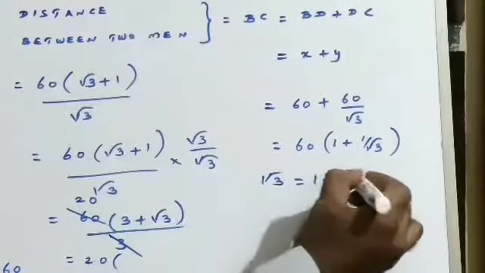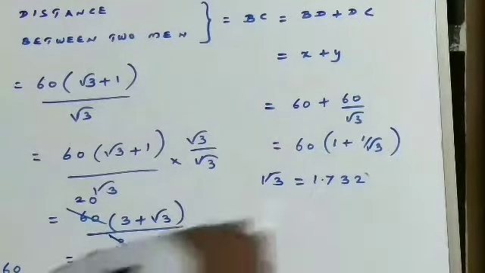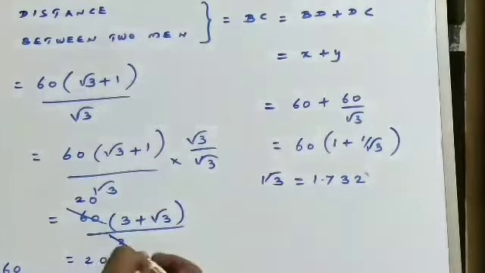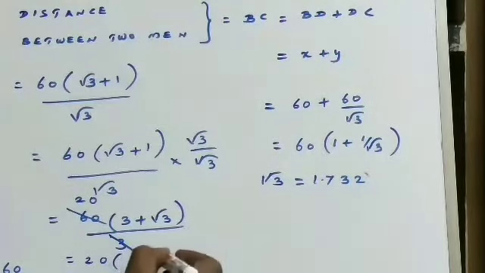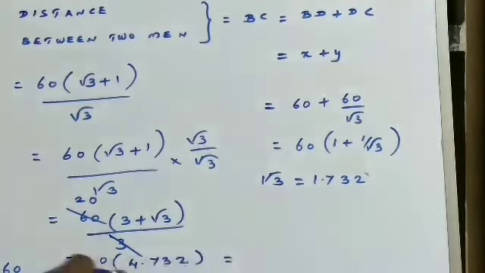This is a fixed value. So put 1.732 for root 3. So 3 plus 1.732 gives 4.732.